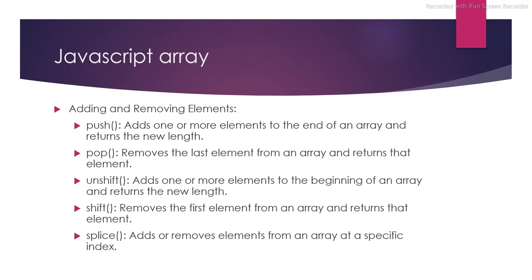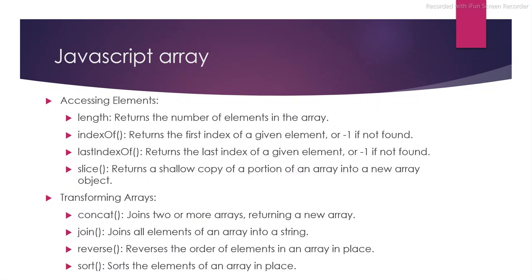Then splice adds or removes elements from an array at a specified index. You can specify the index and do the operation, add or remove. Then you can find out the length using the property called length. Array dot length will give you the length of the array. Then indexOf, you can specify the index of some particular element.